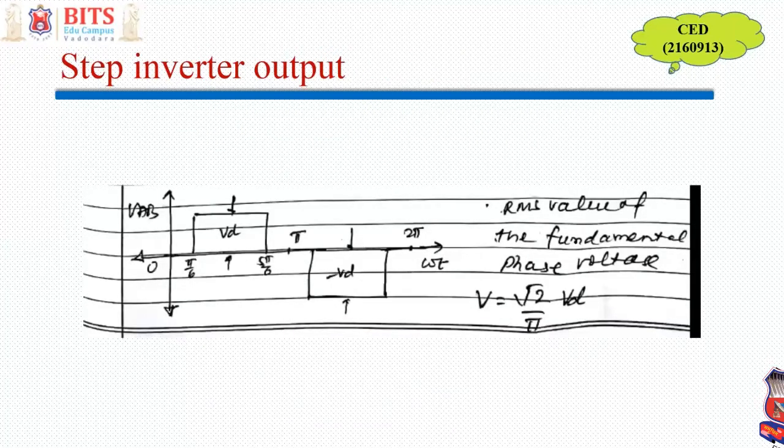So in short, when you have a square wave or a step inverter, the output is going to be in this fashion. One half cycle, one square wave, the other half cycle, the other half wave. So on average, you have a fundamental in this fashion. Let me try to draw the fundamental. It will be in this fashion, right?